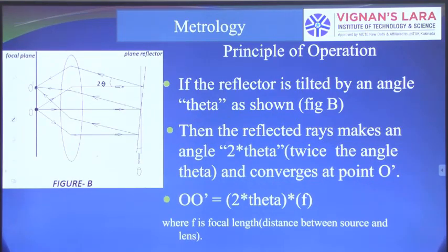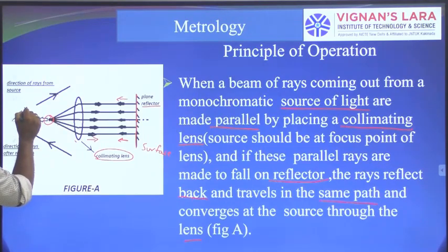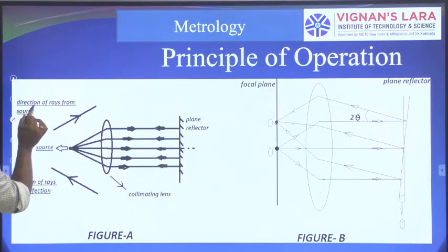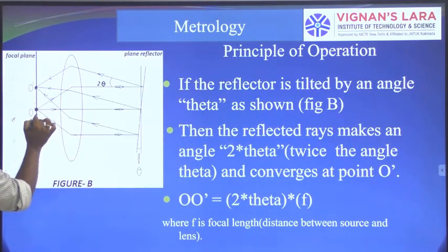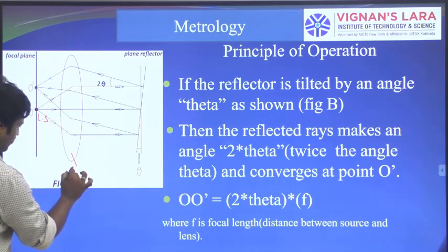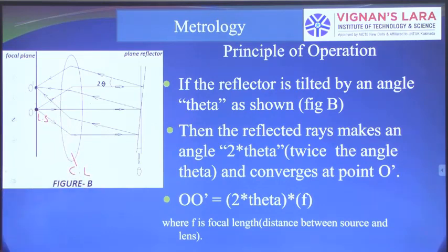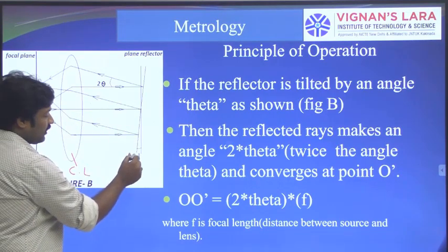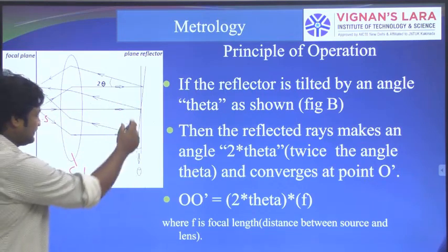So one more. Here this is the light source at O. From the light source, rays are emitting and falling on a collimating lens. By means of this collimating lens, the inclined beams are converted into parallel, and these parallel beams are falling onto a reflector.